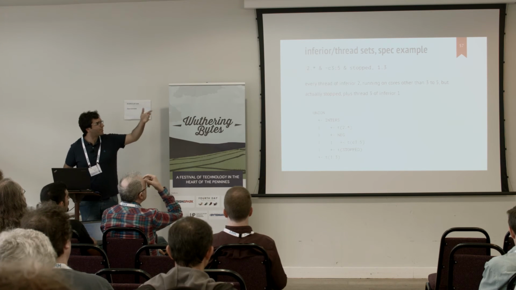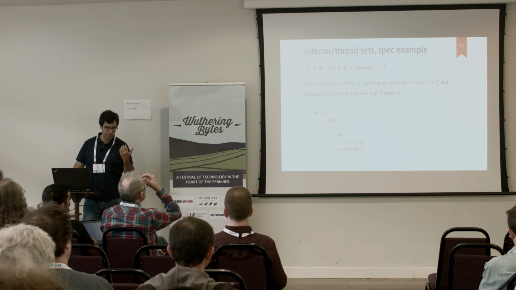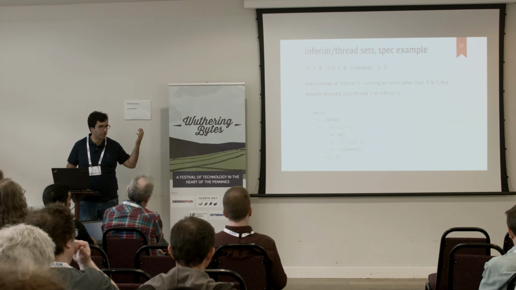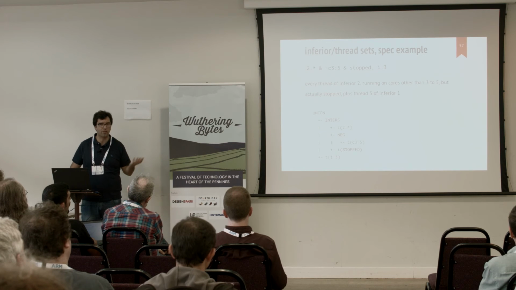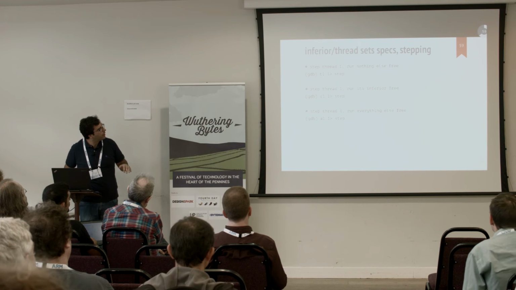Comma means plus thread 1.3. So we're trying to come up with some syntax to express this. This is the tentative spec currently. It's subject to change, but right, I'm going to skip all of this.